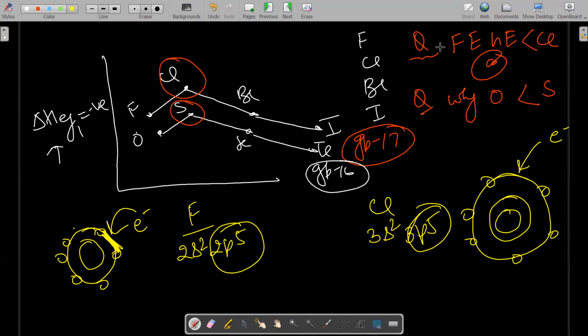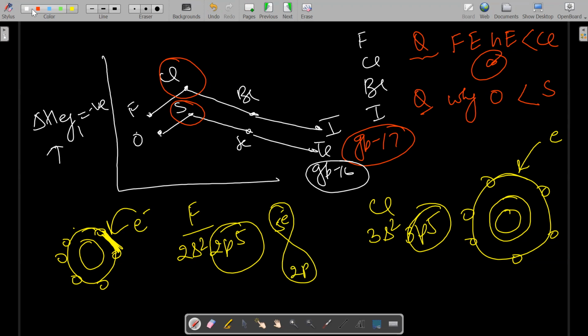So why is fluorine's electron gain enthalpy lesser than chlorine's? Because of its small size. Even if we discuss in terms of p orbitals, this is the 2p orbital where 5 electrons are already present.